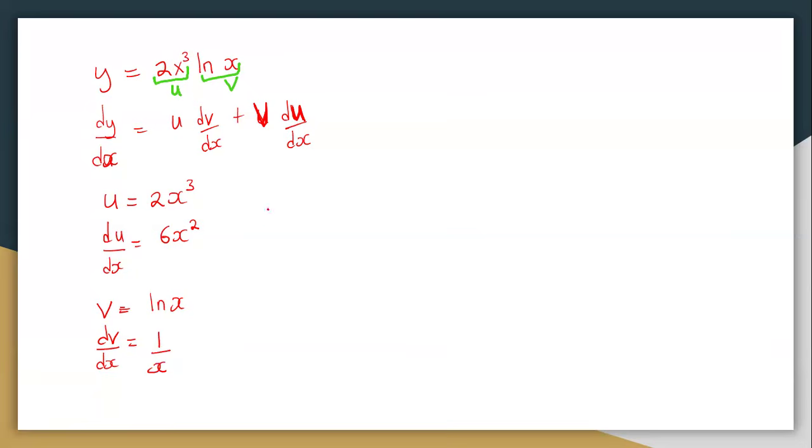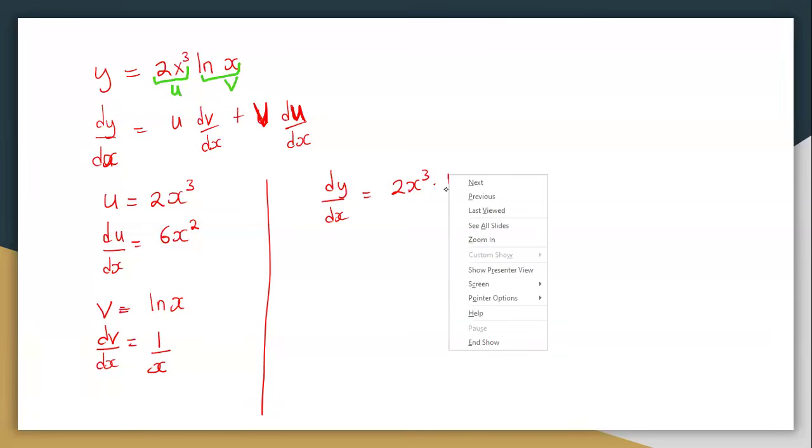So we apply the product rule. u is 2x cubed, multiplied by dv/dx, which is 1 over x, plus ln x multiplied by 6x squared.